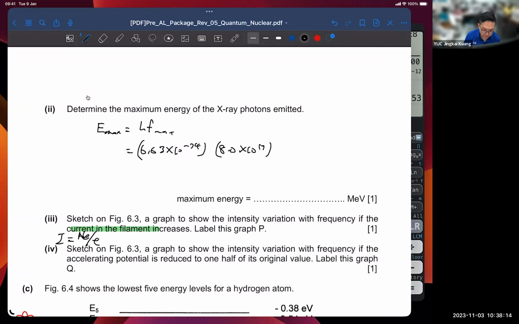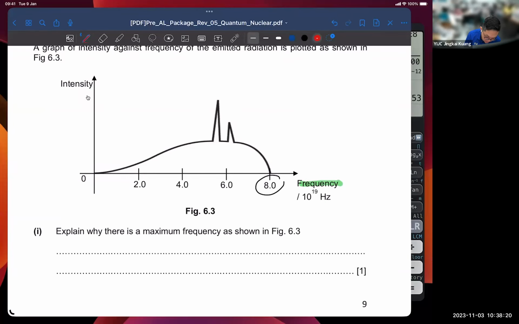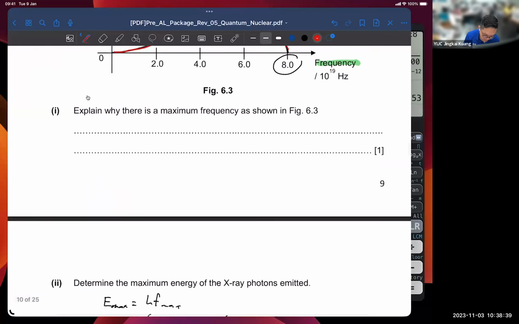So your graph takes the exact same shape. Yes, trace down that. Exact same shape. So there's no difference.